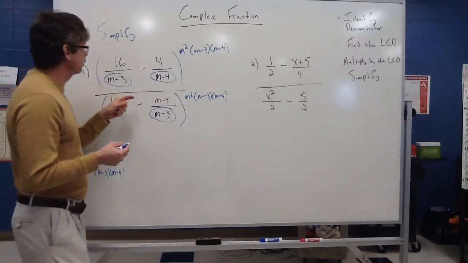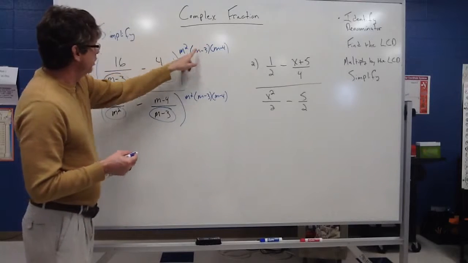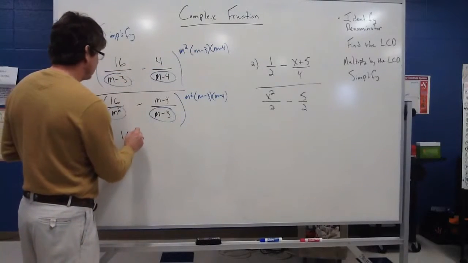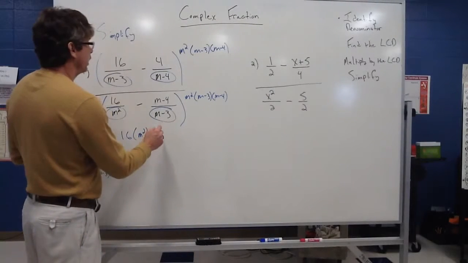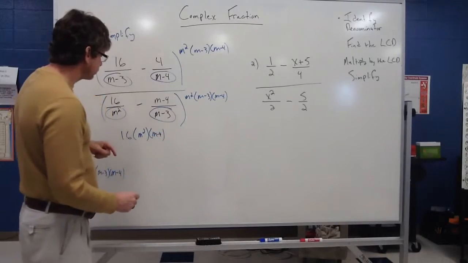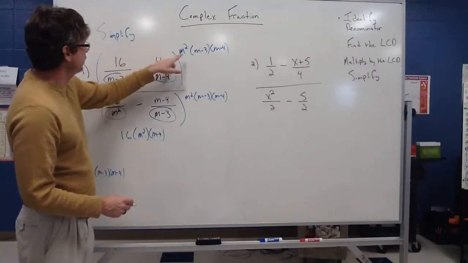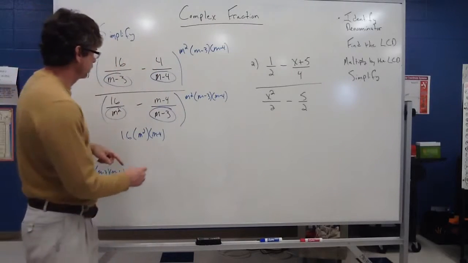So when we do this, what we pick up on is this: when I multiply this to this term here, the m minus 3's are going to drop out of the problem. So that leaves me this 16, and I have that m squared still there, and that m minus 4 is still there. So the m minus 3 drops out, but the 16, the m squared, and m minus 4 become the numerator of this piece.